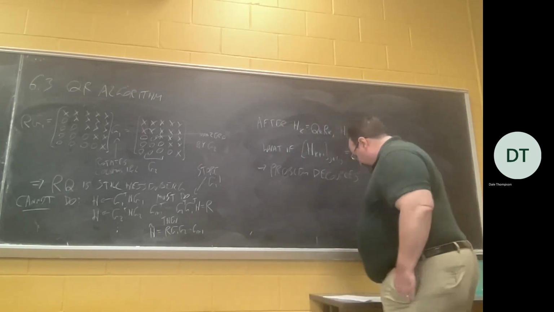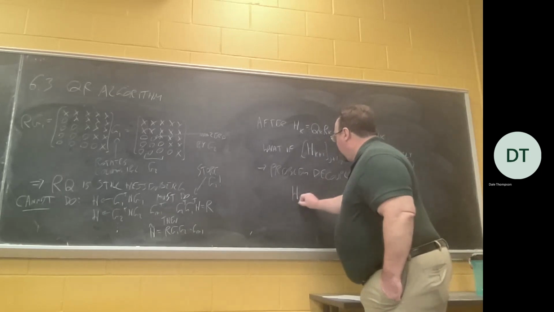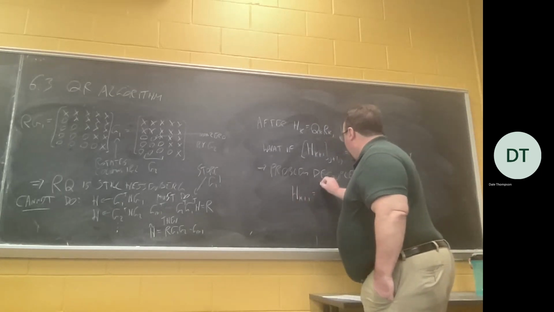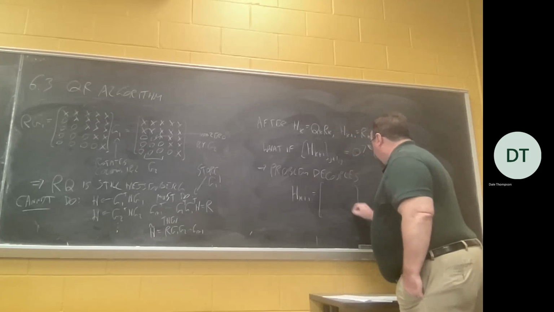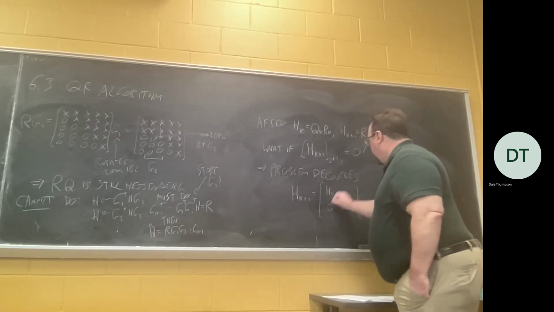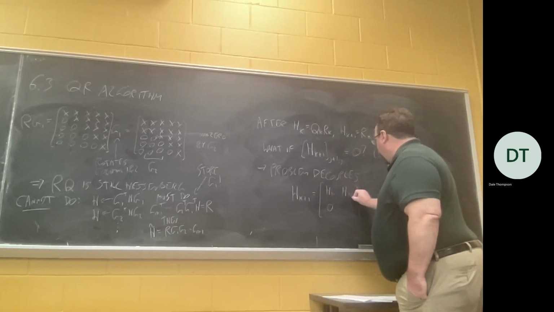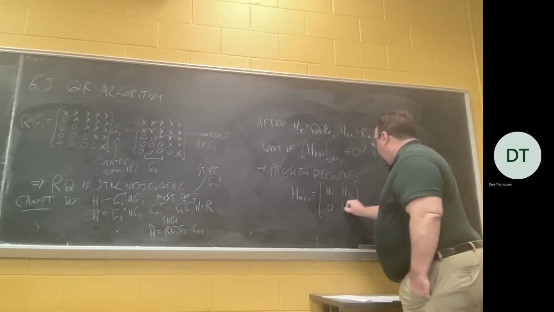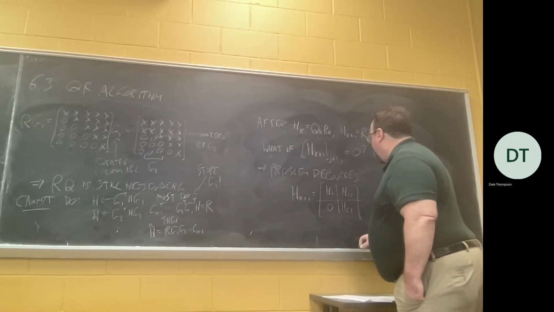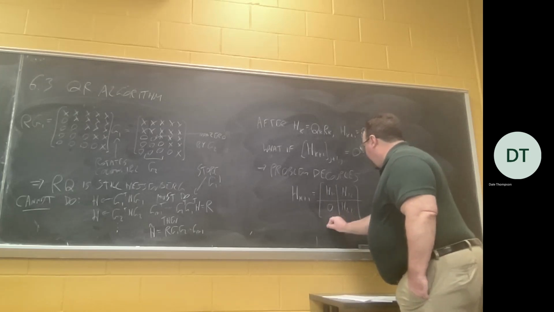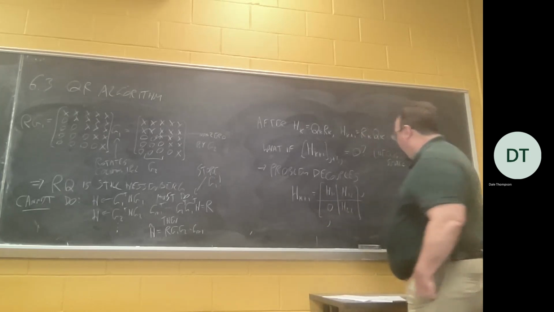Okay, so now H_{k+1} has this block structure, block upper triangular, even though the matrix as a whole is still Hessenberg. So here we have the first j rows and columns.